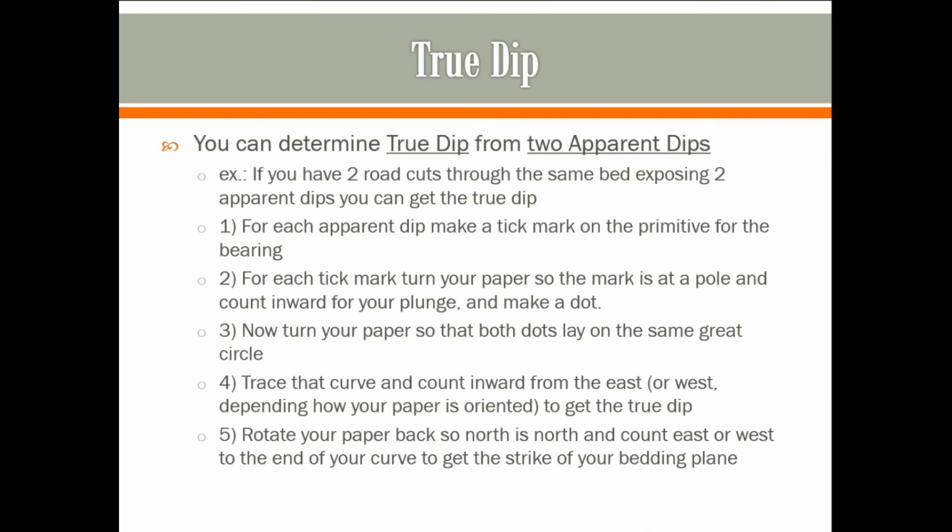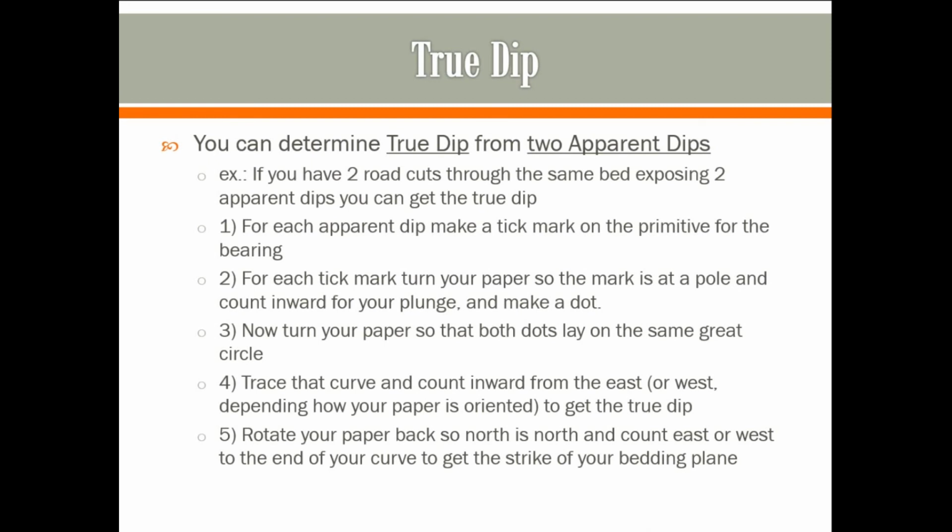So you do kind of like you did in the first one, where you take the bearing and plunge on the one apparent dip and put a dot, then go ahead and do the bearing and plunge for the other one and put a dot. No lines at all so far, no strike or anything like that. But you've got two dots. There's only one way that you can spin your paper and have the two dots fall on the same great curve.